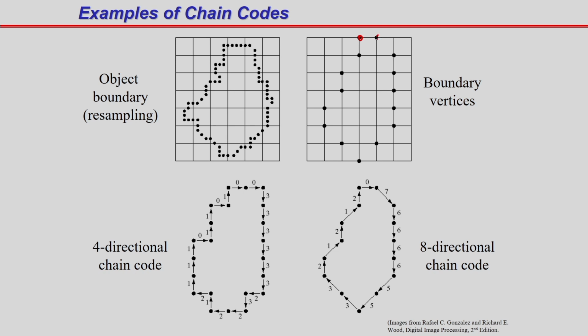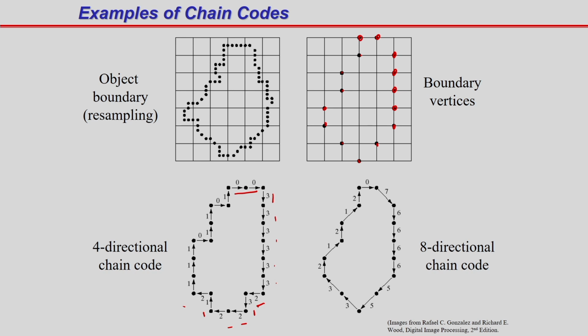If I consider it segment by segment with 4 directional chain code, the directions are 0, 0, 3, 3, 3 like this, and again 2, 3, 2, 2, 1 like this. I am getting all the boundary directions.